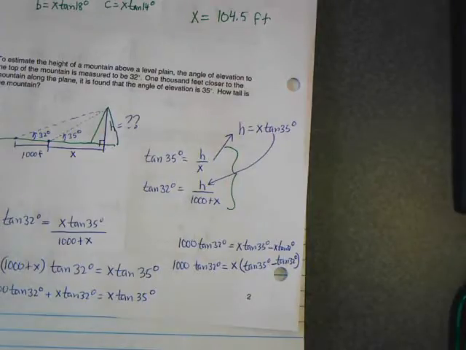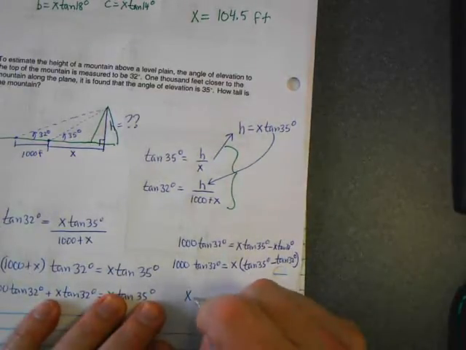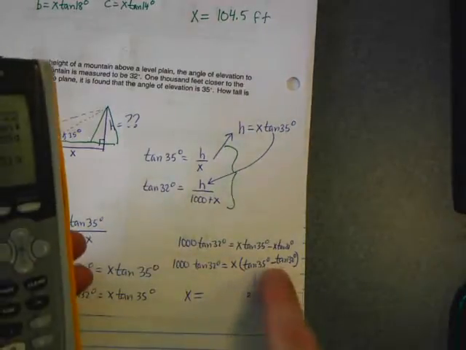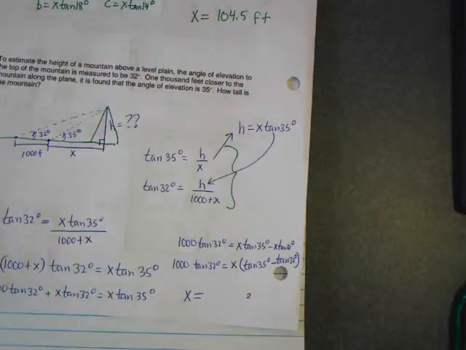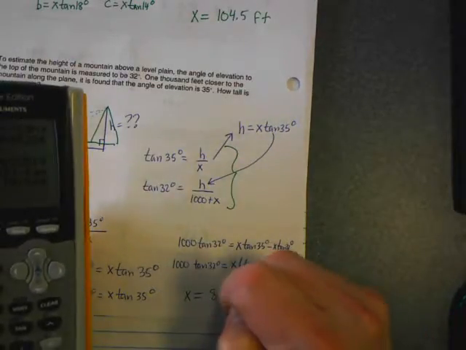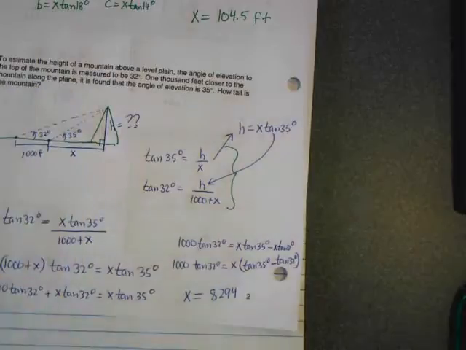And finally, I can use my calculator. X is, type it in, 1,000 tangent 32 divided by, make sure you put these in parentheses, tangent 35 minus tangent 32. I get x is 8,294.